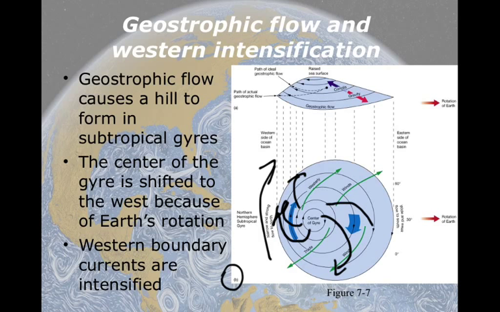Notice it's spread out more on the eastern side as it comes down off of the hill. What this means is that the effect of this pileup, this convergence, on western boundary currents is much more pronounced than it is on eastern boundary currents. That's why you have more water flowing. We end up with western boundary currents having different characteristics.